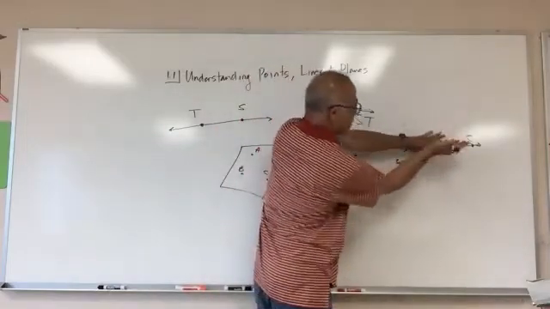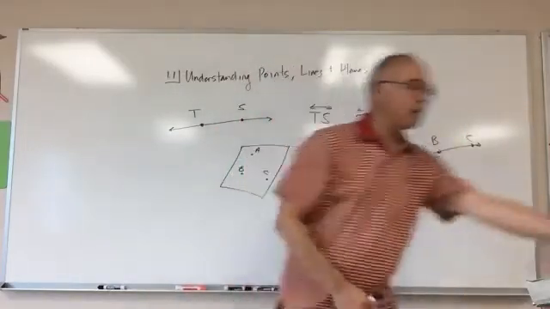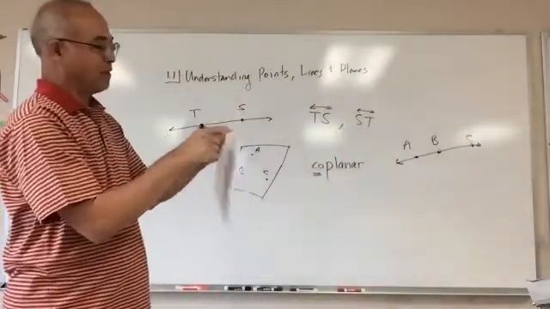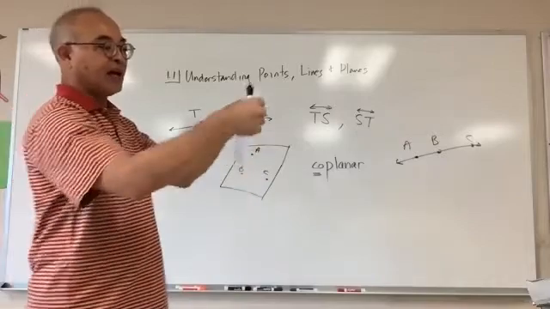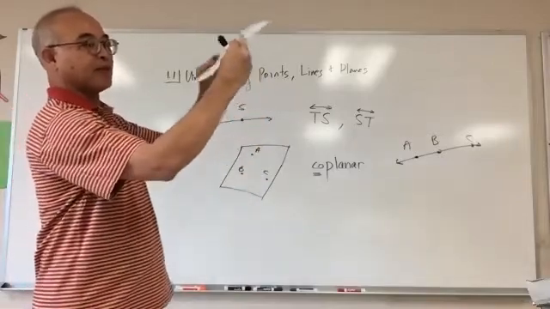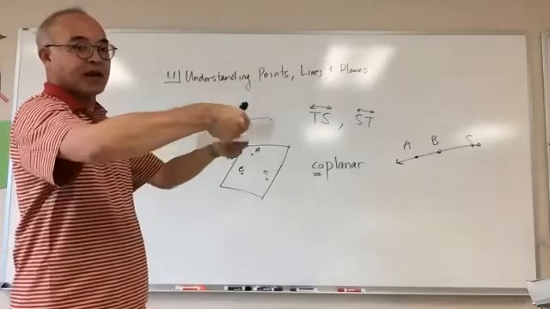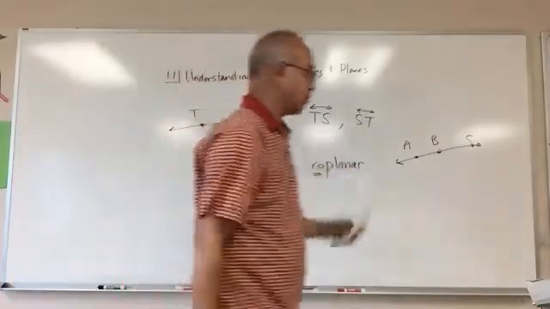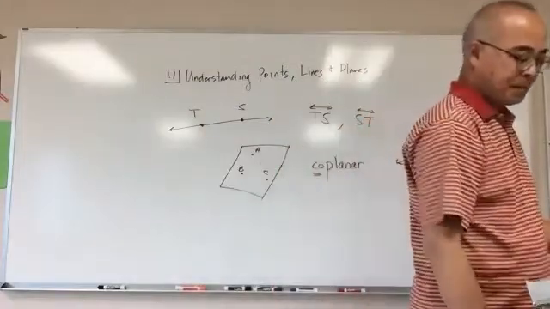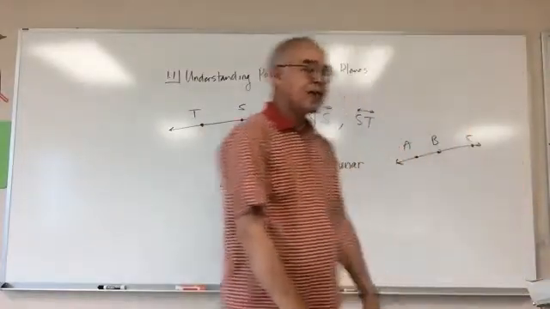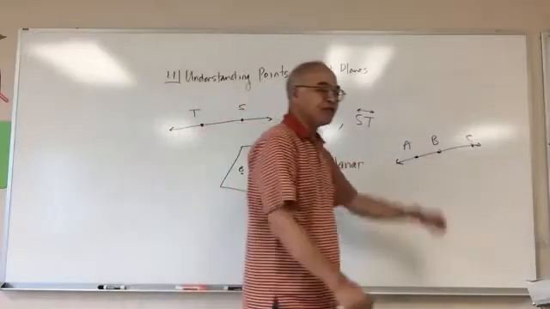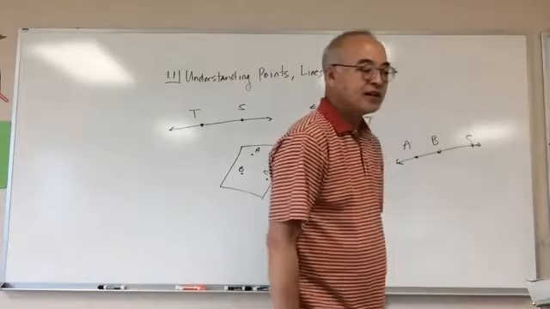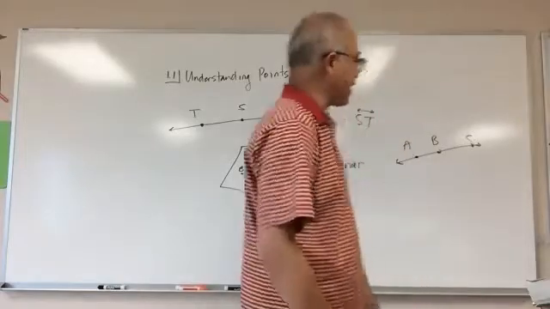Can you see that? If I had three points that are on a line, I could have many different planes, right? I could have an infinite amount of planes across that line. So that's why the 3 points have to be not on a line.